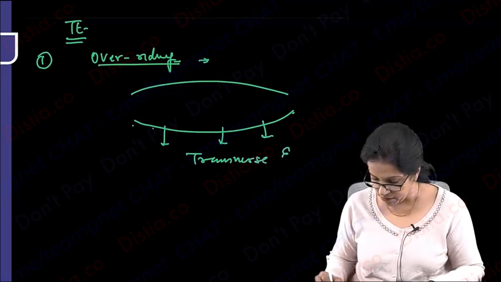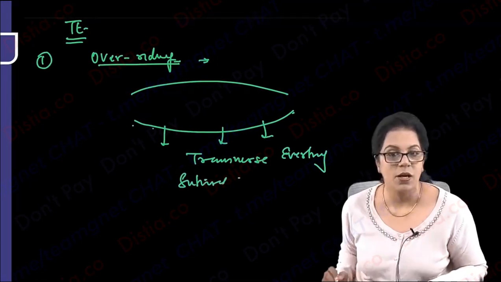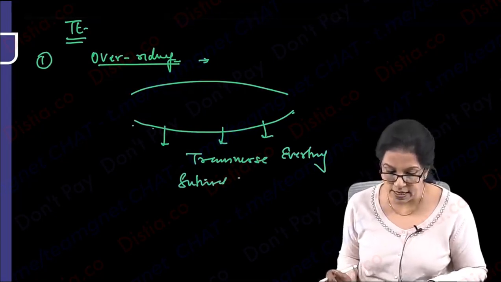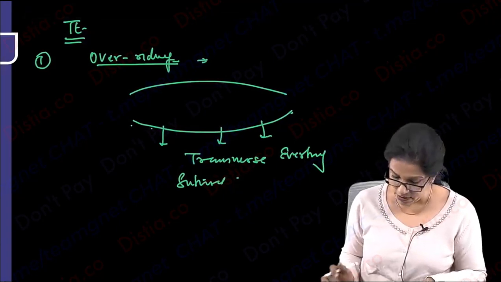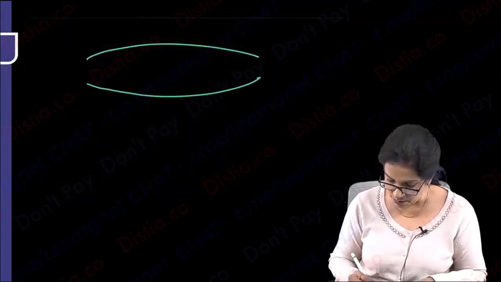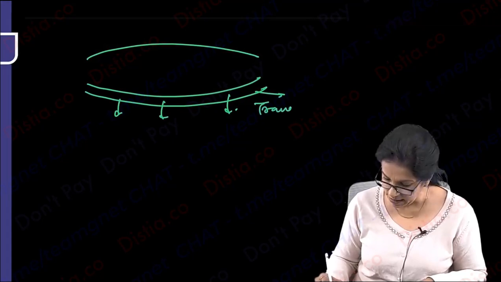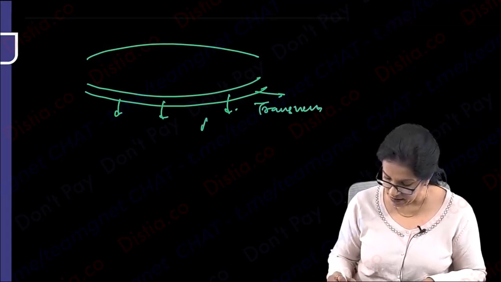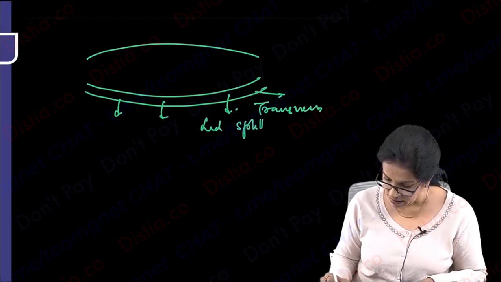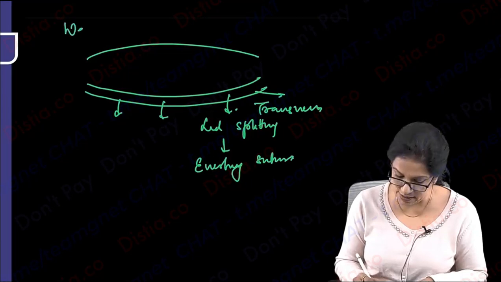Secondly, I can do a full thickness lower lid split, a transverse lid splitting first, and then give the everting sutures. This is what is called Weiss procedure.